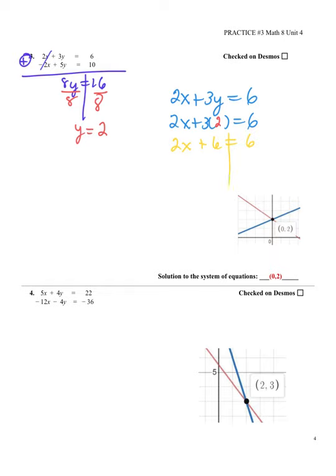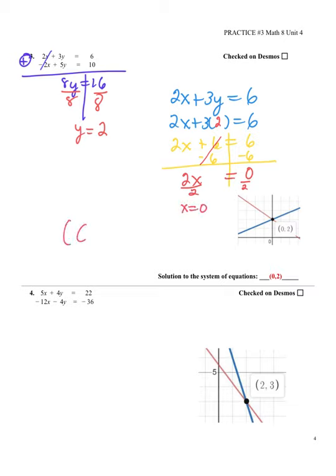Draw my line. Now I'm trying to isolate the variable, and I have a two-step equation, so I'm going to subtract 6 first. This positive 6 minus 6 is 0, so I'll have 2x is equal to 0, and I divide by 2, and 0 divided by 2 is 0, so x is equal to 0.